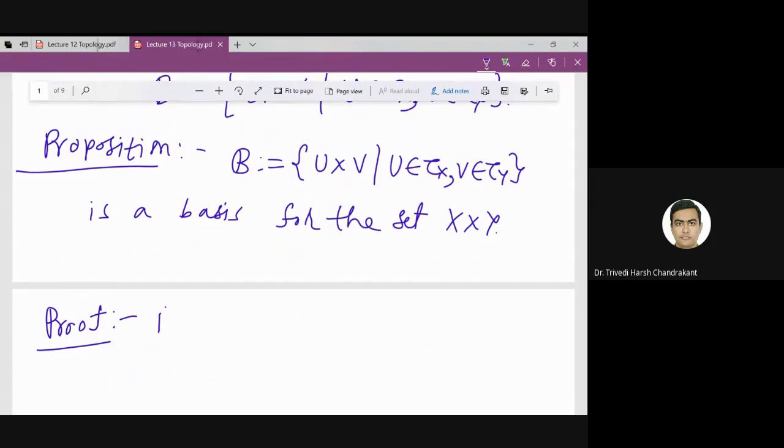For example, the first property we need to check, can anyone help me?